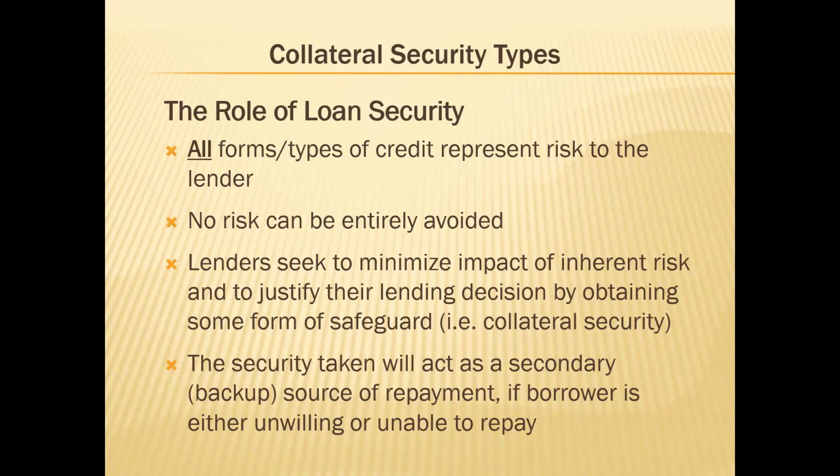The last paragraph: the level, type, and value of the collateral security taken will depend on the lender's interpretation of risk for each specific transaction, and will be directly related to the value of the loan requested and the level of comfort the lender requires.